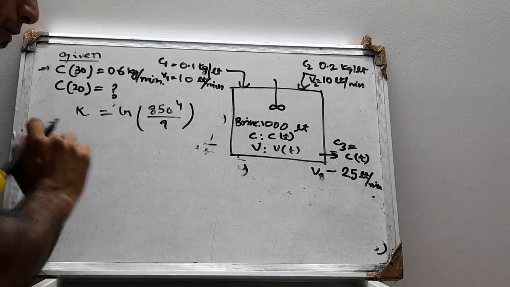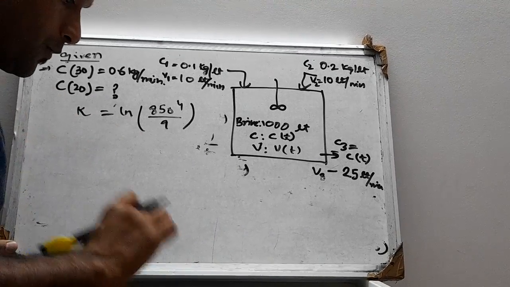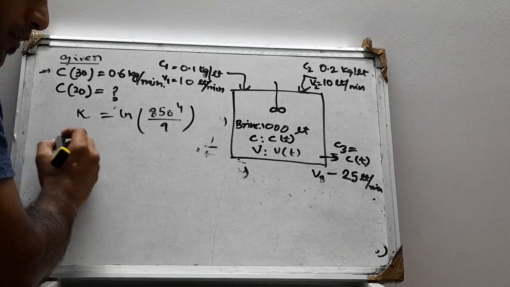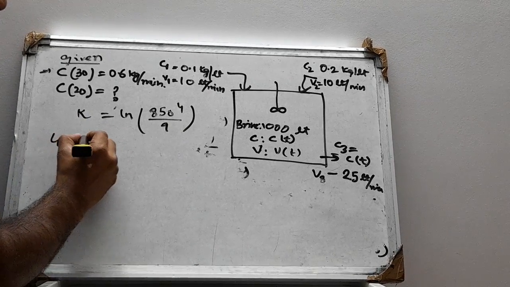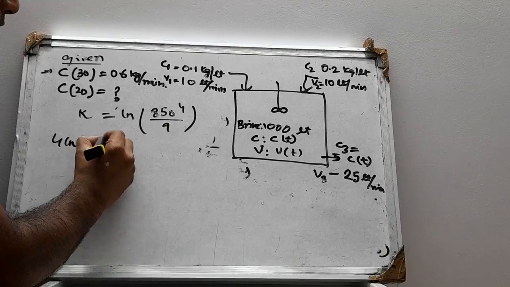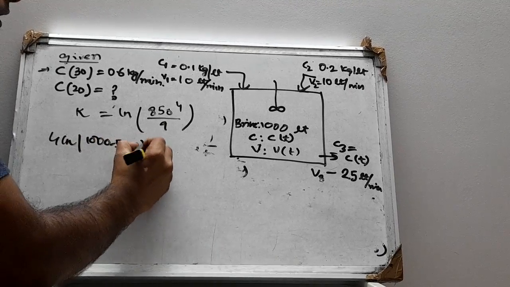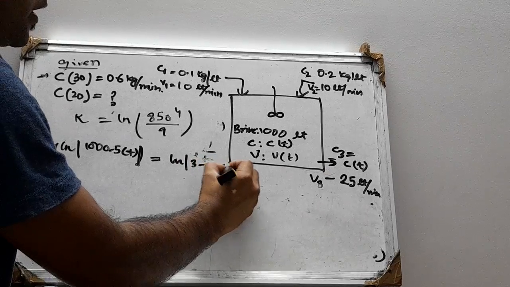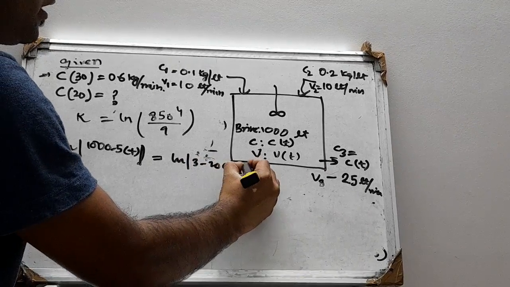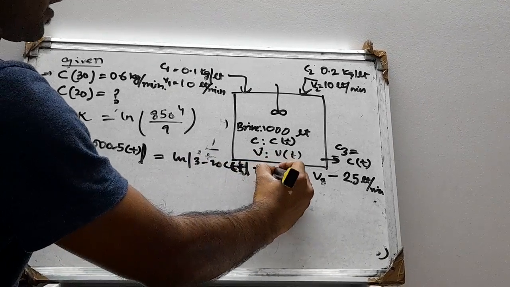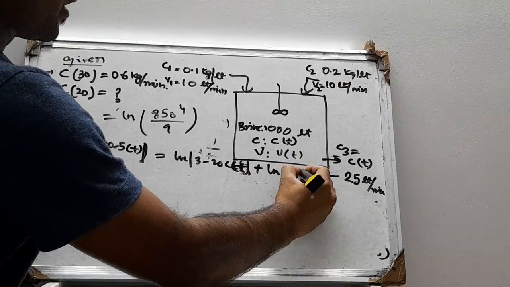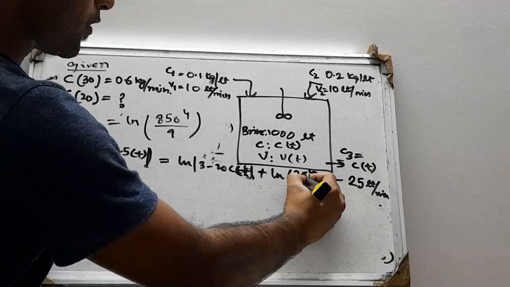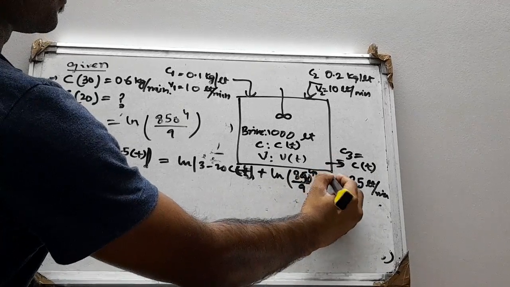Now, what is our equation? 4 ln mod 1000 minus 5t equal to ln 3 minus 20 ct plus ln 850 raised to power 4 over 9.